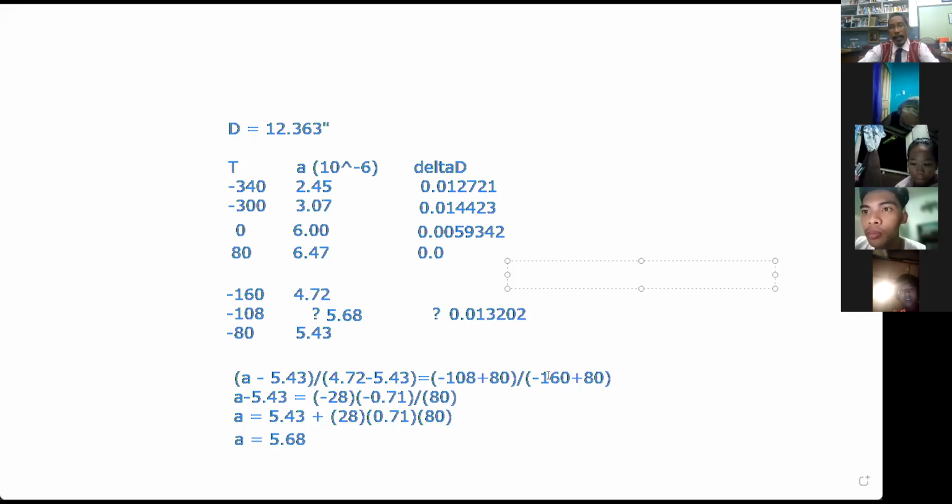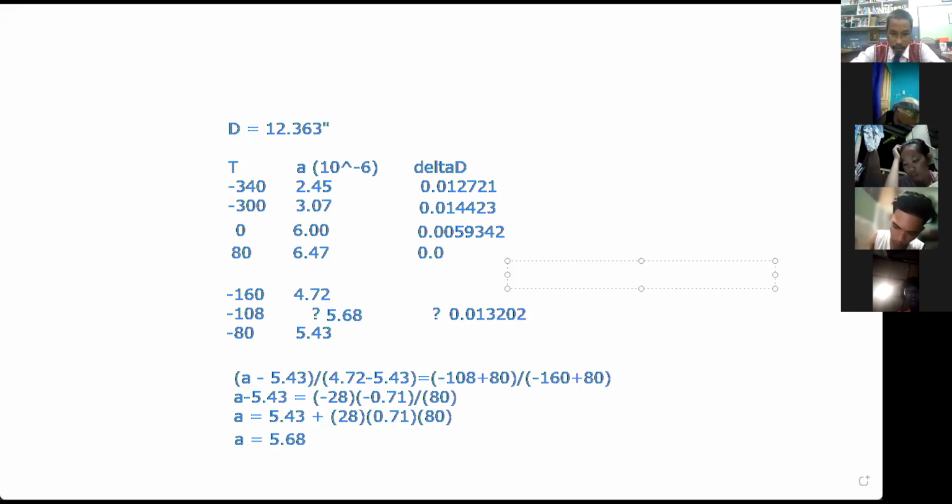We have another negative. The denominator is supposed to be negative. This one, negative 160 plus 80. This is negative 80, not positive 80. We had an error here. We used positive 80, which is not correct. Negative 160 plus 80 is negative 80.